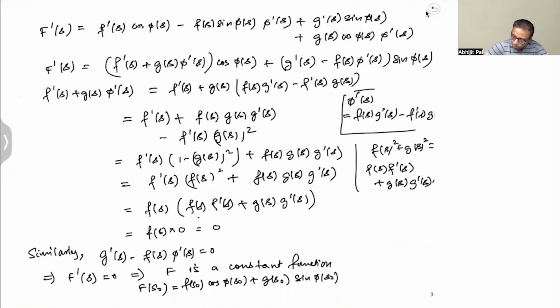So this will be equal to cos phi naught square plus sin phi naught square, which is equal to 1. Okay. So therefore, because F is a constant function, F s equals 1 for all s. So this we have shown.